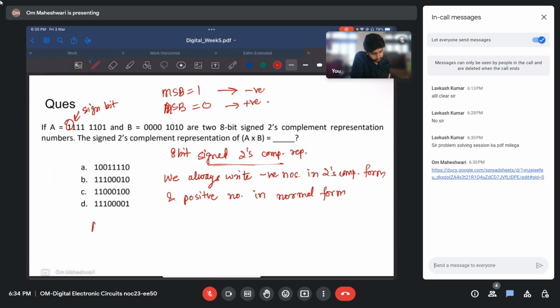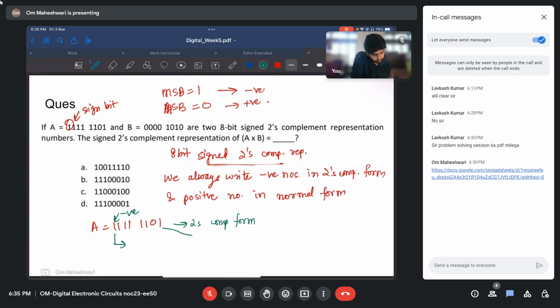So what we have is 1 1 1 1 1 1 0 1. This is negative, right? That means it is in 2's complement form. So what does it represent? We take its 2's complement.